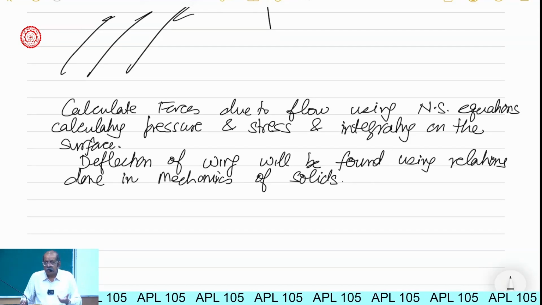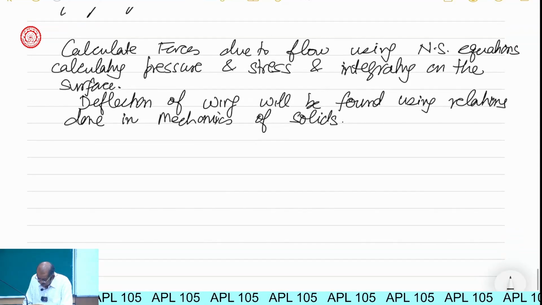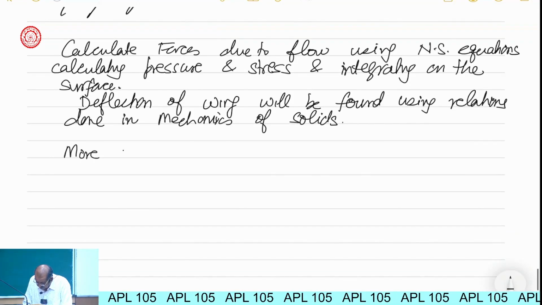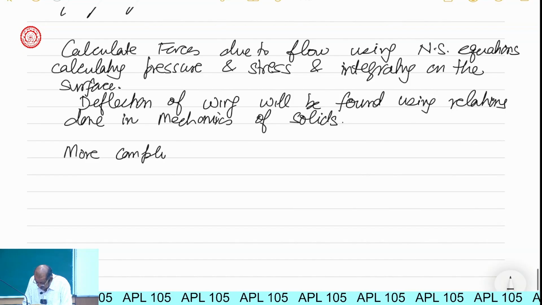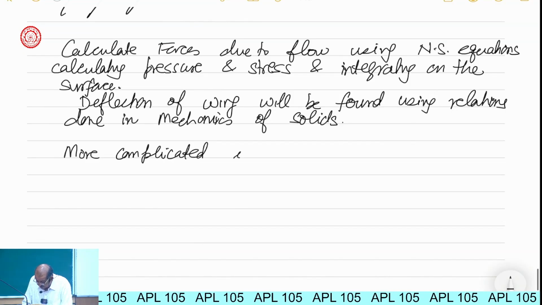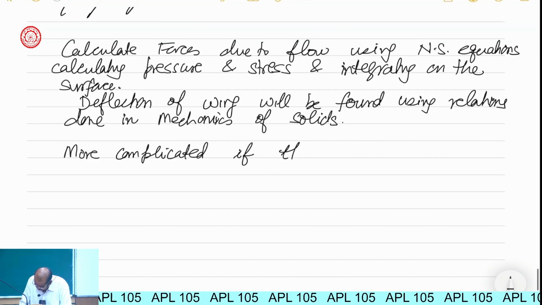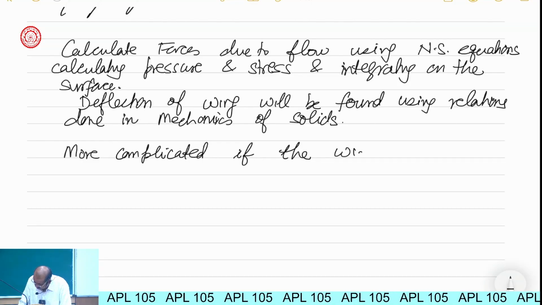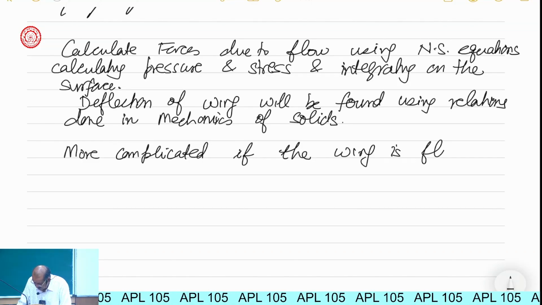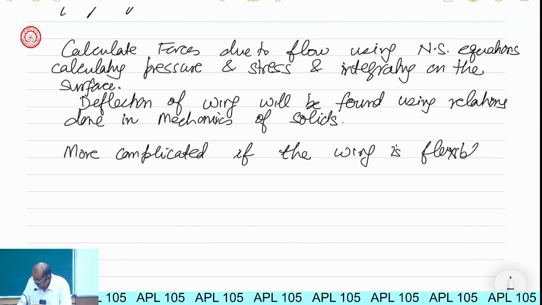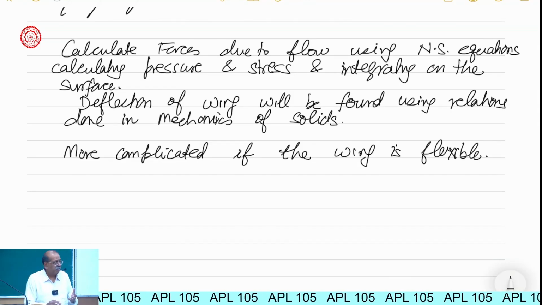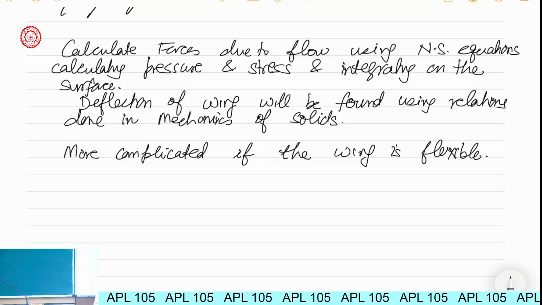Okay. Now this problem may be more complicated if the wing is flexible. Actually, birds and all, when they fly, the wings are flexible. That means it doesn't bend like a rigid body.